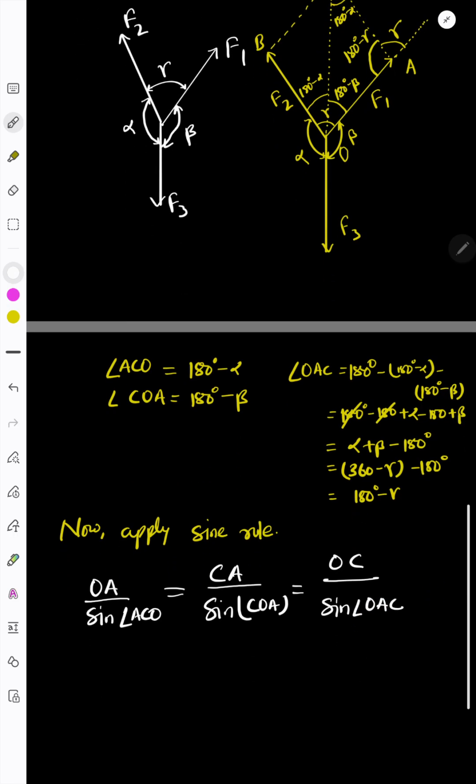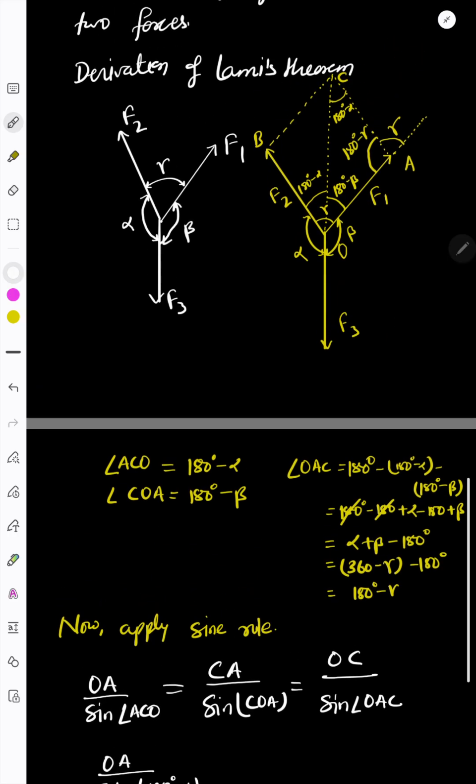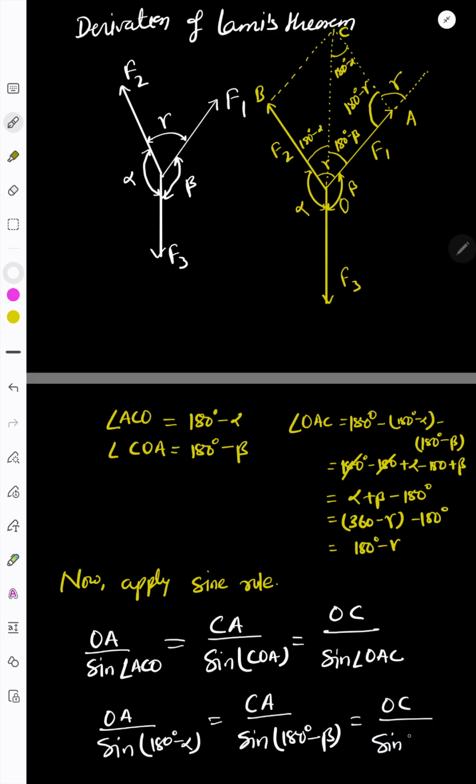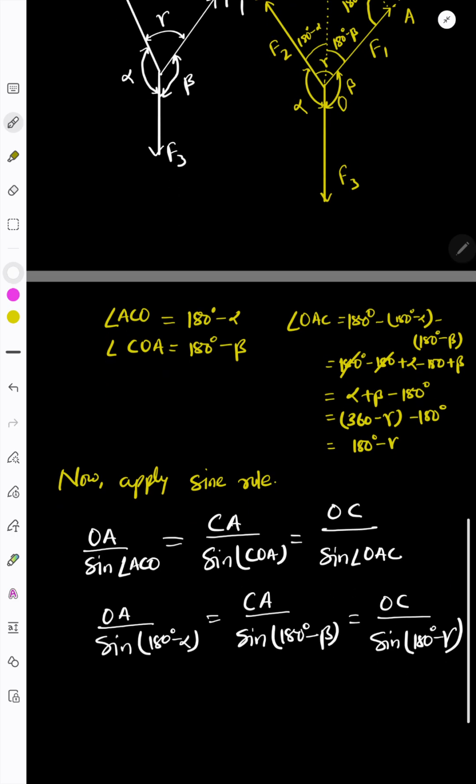Angle ACO is 180 minus alpha, as given in the diagram. So OA by sine(180 minus alpha) is equal to CA by sine(180 degree minus beta), which is equal to OC divided by sine(180 degree minus gamma). So this is written. What next?